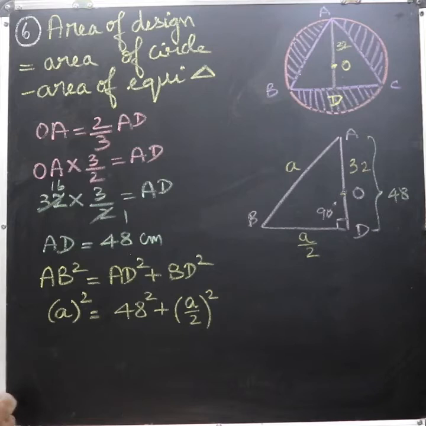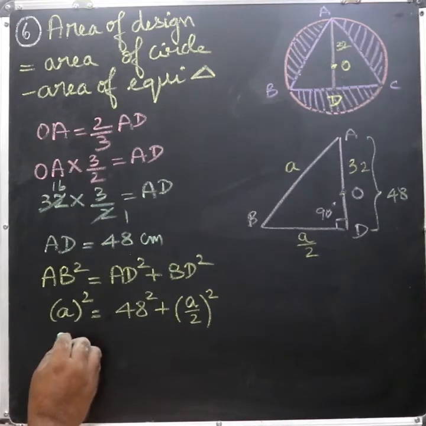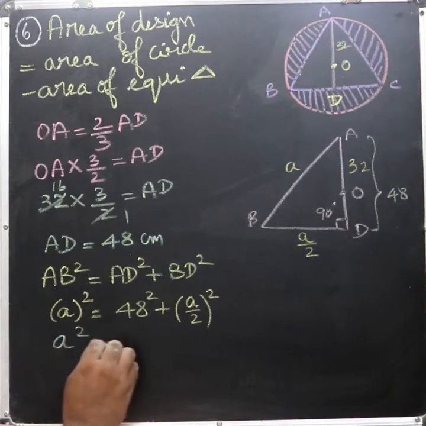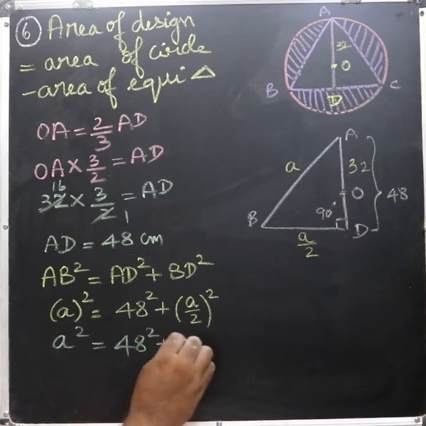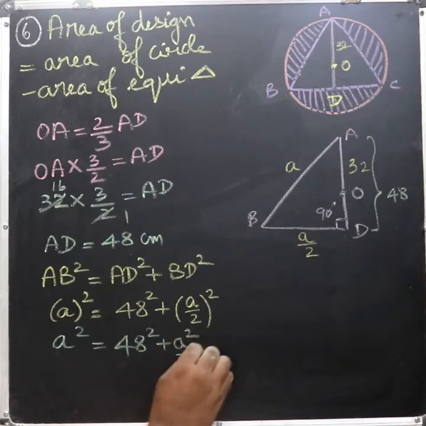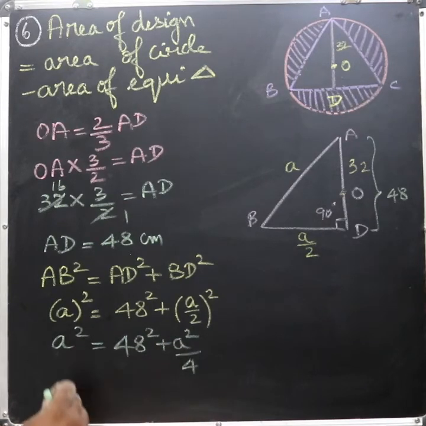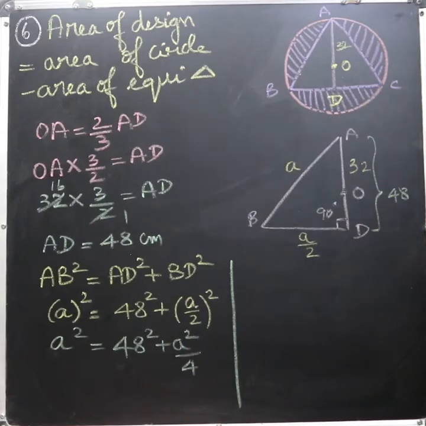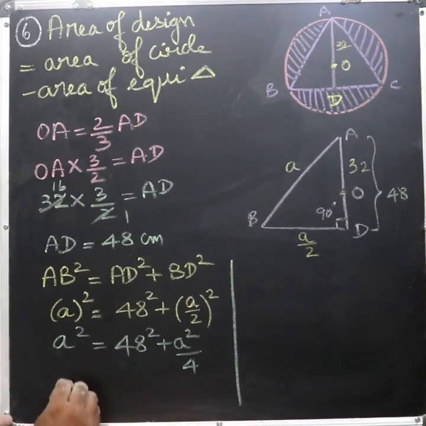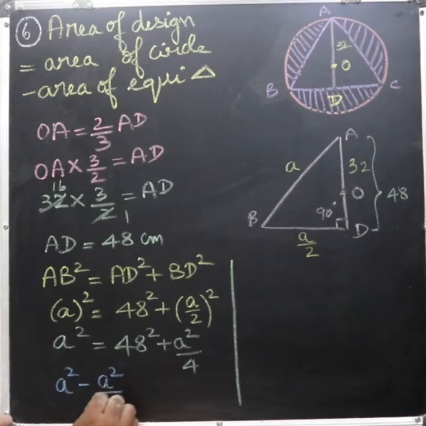Now when you expand this, you are going to have A squared equal to 48 squared plus A squared by 4. Bringing that A squared by 4 to this side, we will have A squared minus A squared by 4 equal to 48 squared.